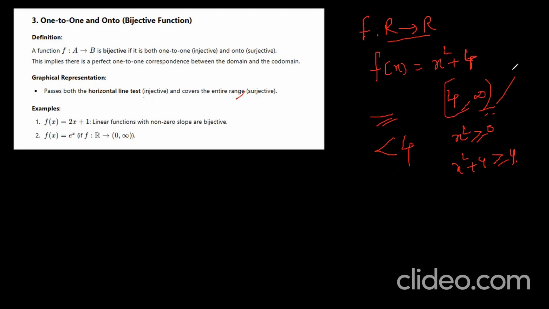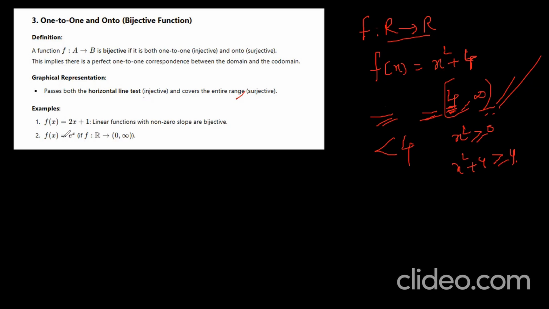Then you can say that it is not a surjection, no doubt. There are no pre-images for real numbers less than 4, so it is not an injection. Because it is not considering the values from 1 to 4. That is the meaning.